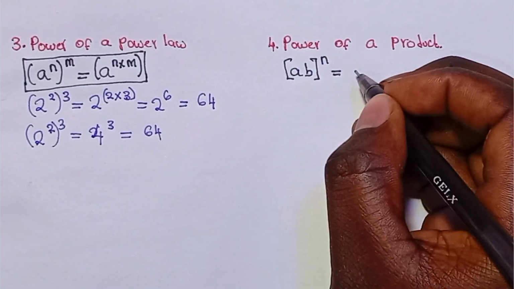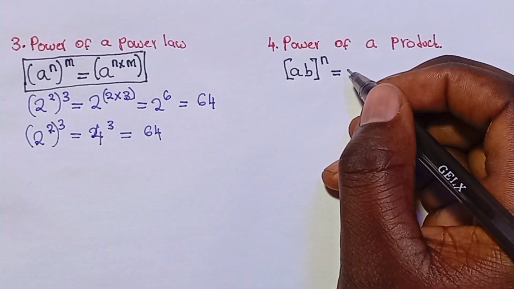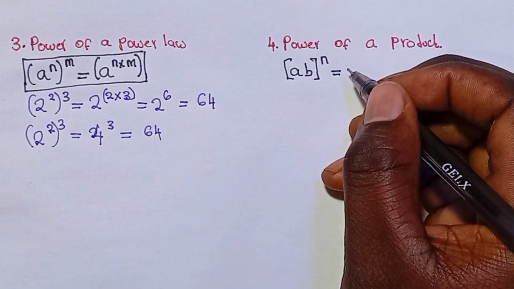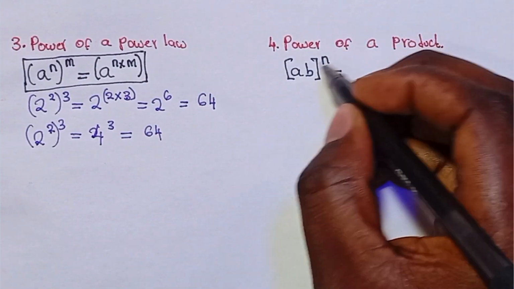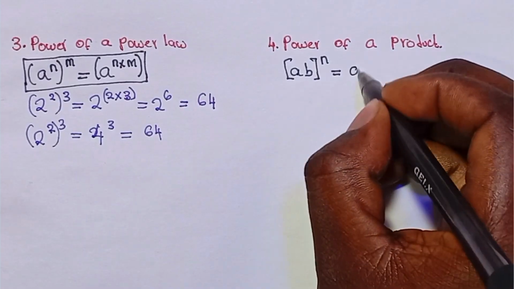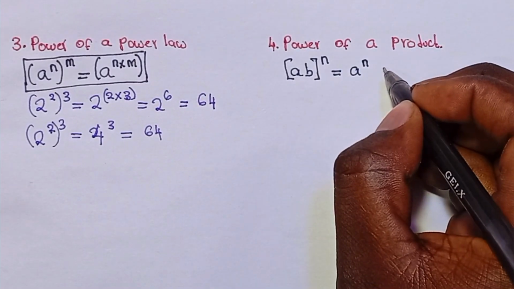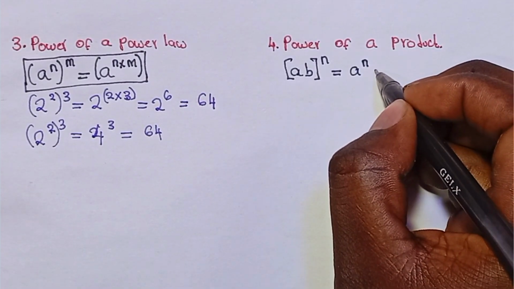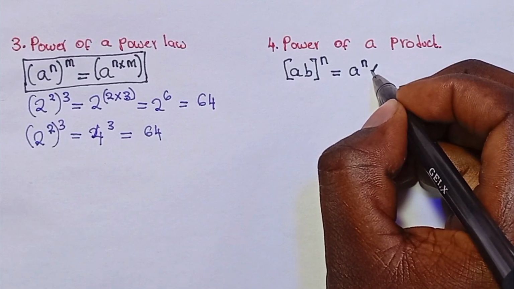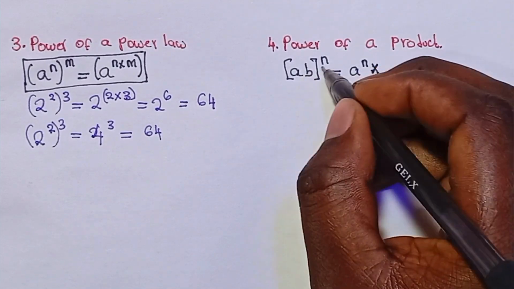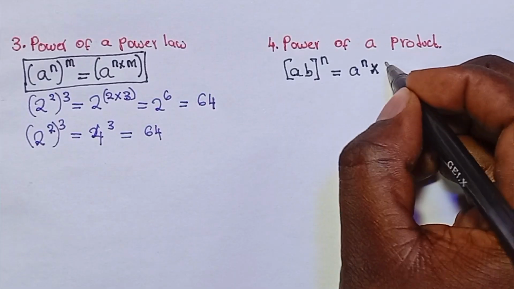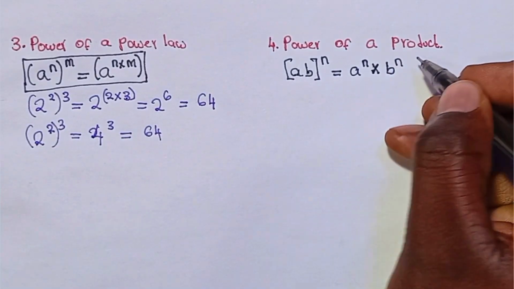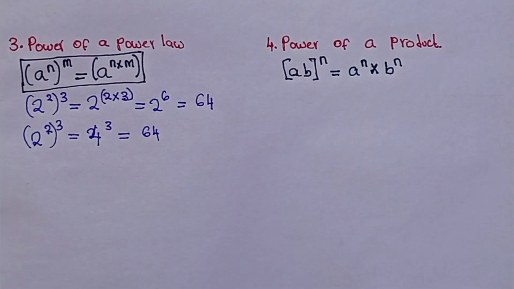So as I said, when two numbers are multiplied and raised to a power, each gets the same power. So this a is going to get the power of n, and between them is multiplication because ab means a times b, and b raised to n. So let's use an example.